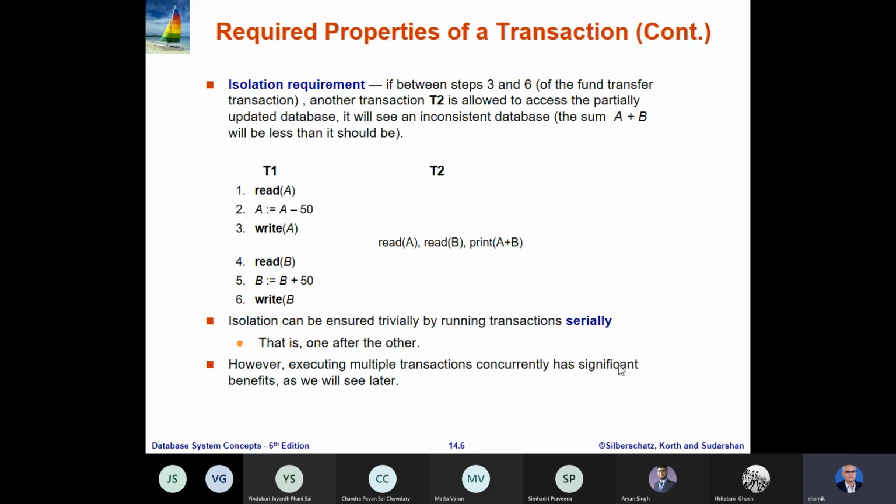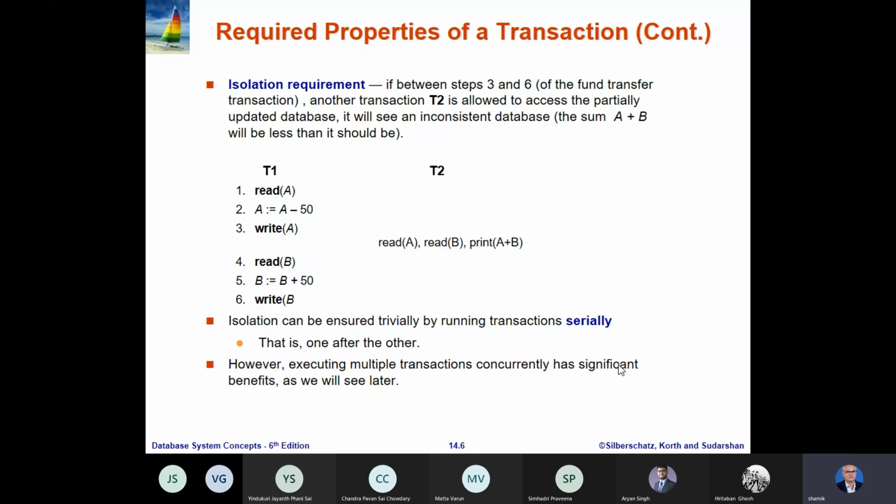Having all these properties implemented by every programmer for his or her own database application would be cumbersome, and it may not be correct. So the database management system itself provides this facility, so that when the programmer writes a database program or builds a database application, the programmer need not worry about that.